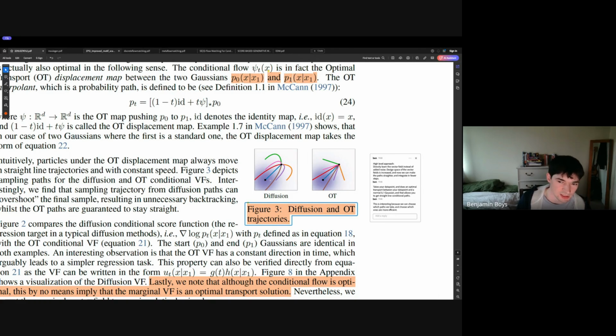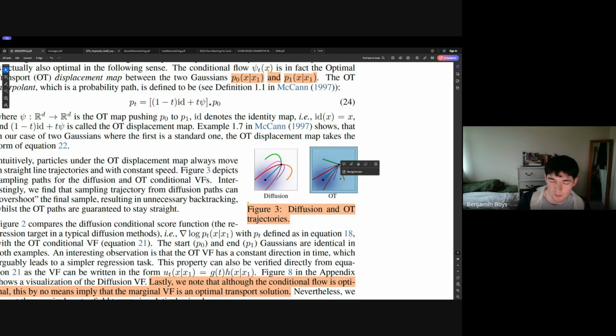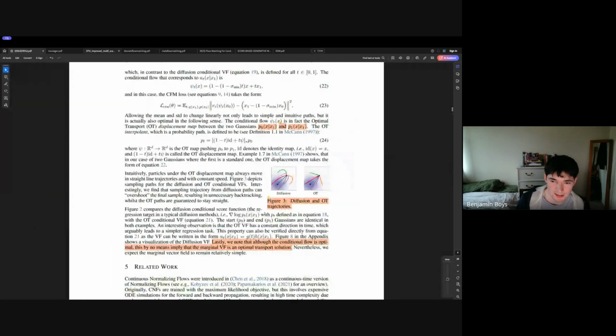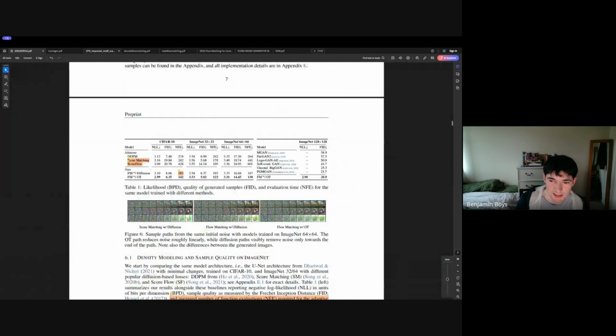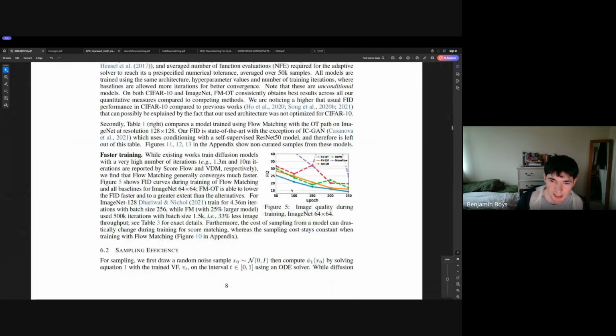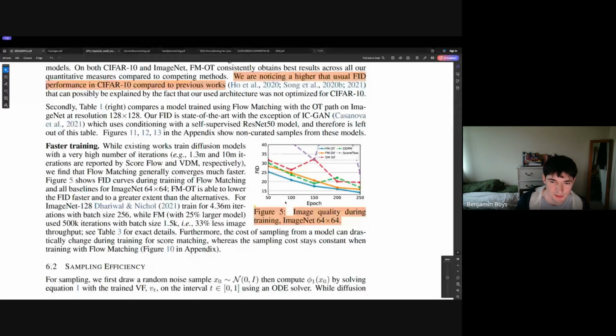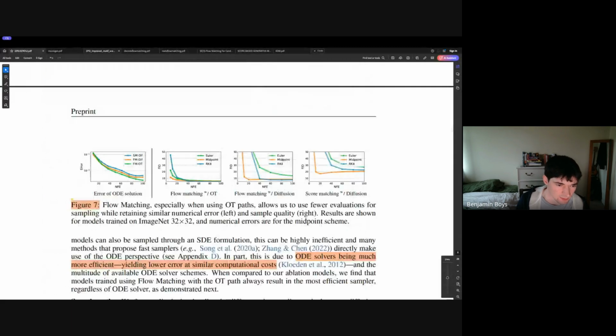Whereas the variance preserving diffusion, you have curved paths which take more steps to go from noise to data to integrate. These optimal transport paths take less steps, and so as well as leading to faster training, so reduced FID score for number of training steps, it also leads to faster inference.